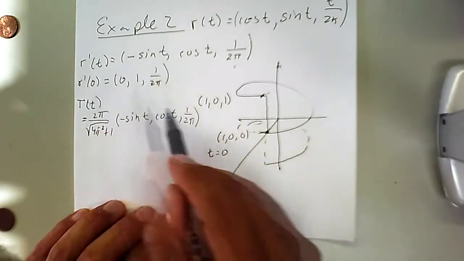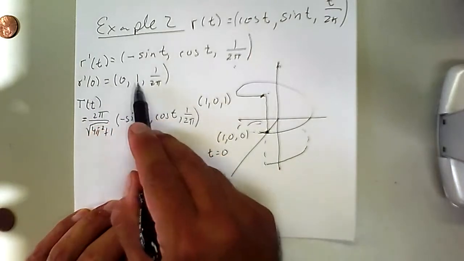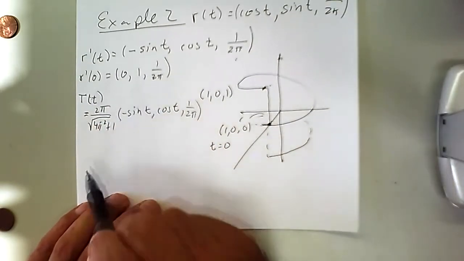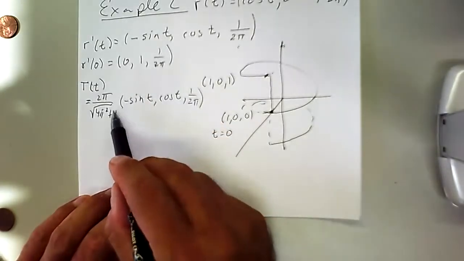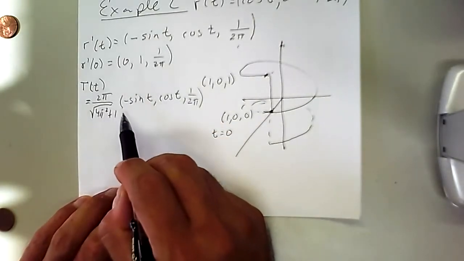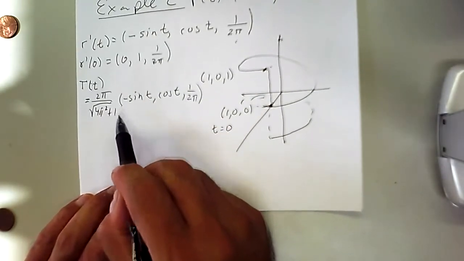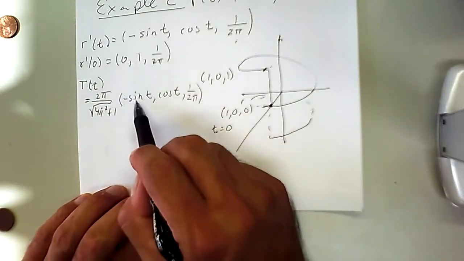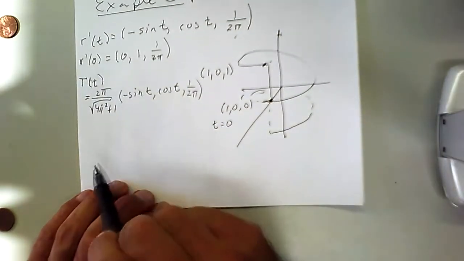So this is the velocity vector, and this is the unit tangent vector, not to be confused with the velocity vector. They have the same direction, but different magnitude.